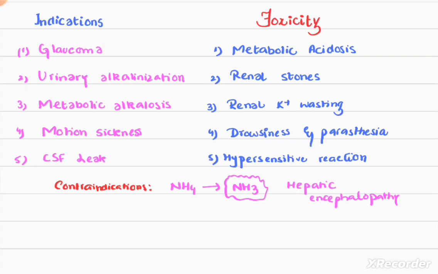So in patients who already have hepatic encephalopathy, which is associated with chronic liver disease, the increased accumulation of ammonia can further exacerbate the situation, and the patients may deteriorate with the use. So we have to contraindicate the use of carbonic anhydrase inhibitors in patients with liver failure.